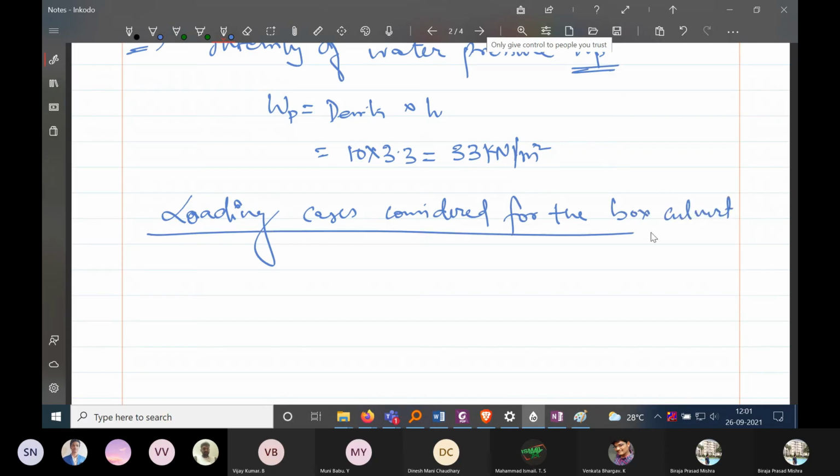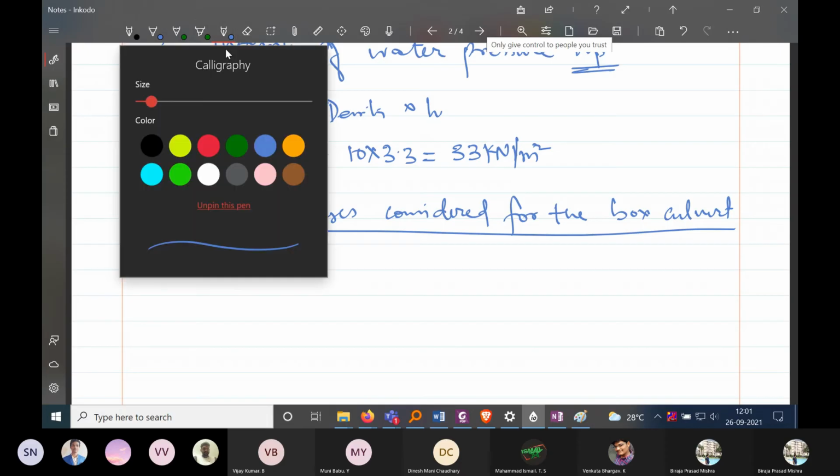Now what are the loading conditions that we are considering for the box culvert?